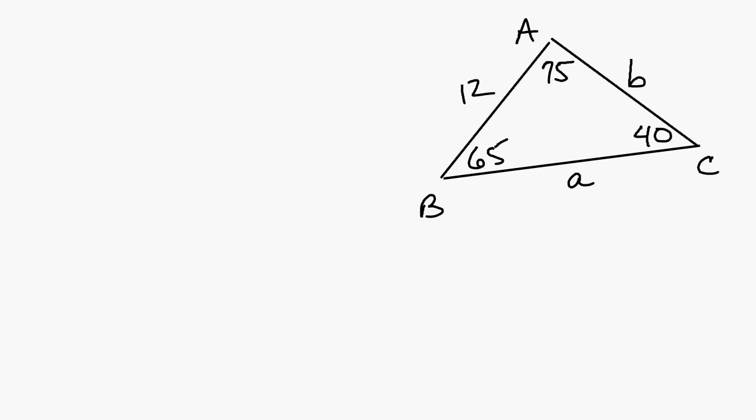So you're going to set up a ratio with the angle and side that's given. All right, so you're going to go sine 40 over the 12 because the 12 corresponds to that angle. It's opposite of it.